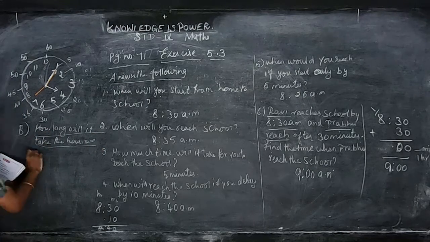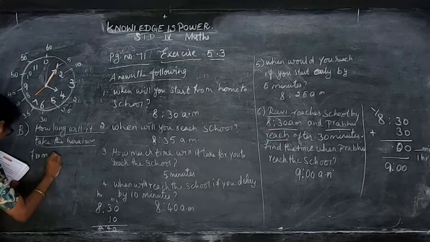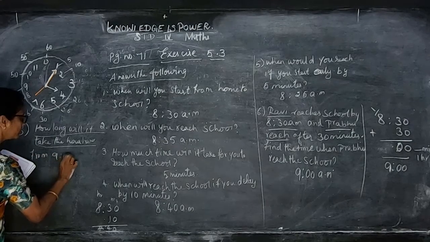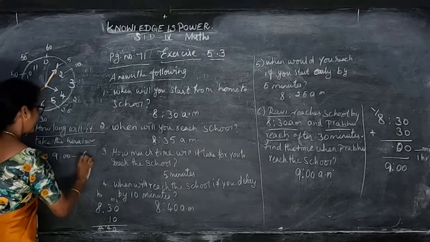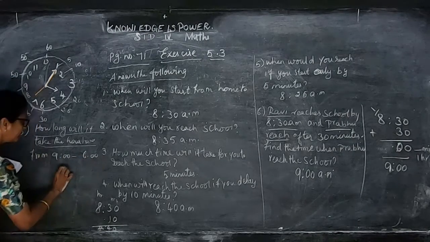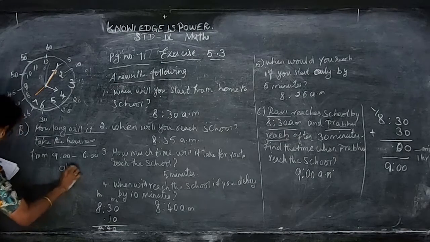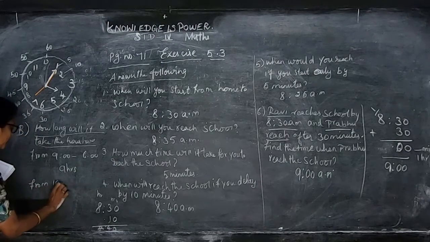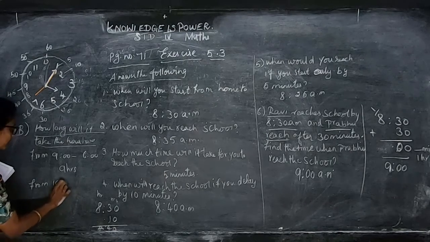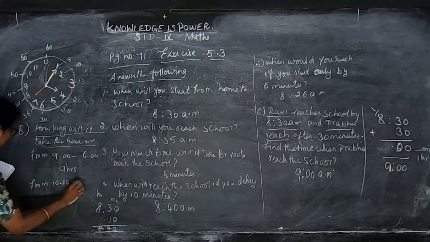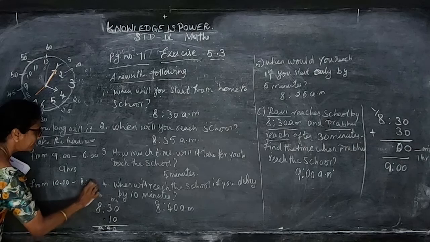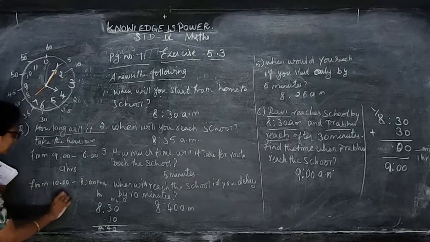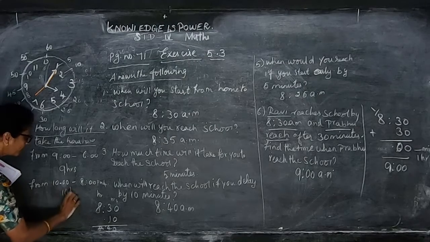So from 9 a.m. 9 to 6. So how long will it take? 9 hours. And second one, from 10 hours to 8 hours, till 8 o'clock, 8 p.m. That gives you the 10 hours.